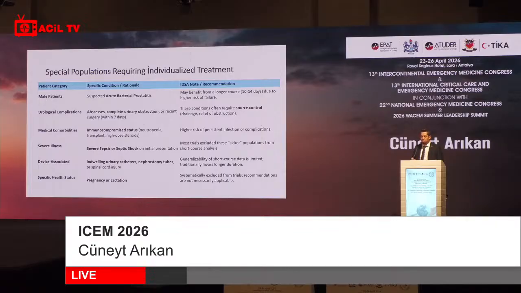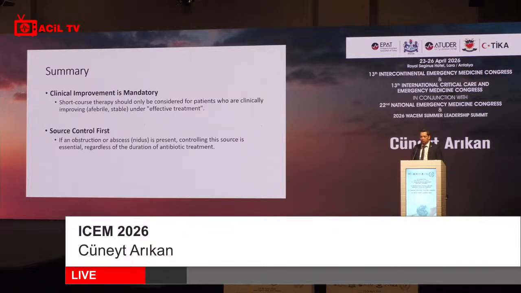Device-associated urinary tract infections, nephrostomy tubes or urinary catheters, and pregnancy and lactation also exclude this regimen. In summary of the guidelines, clinical improvement is mandatory and source control is first.